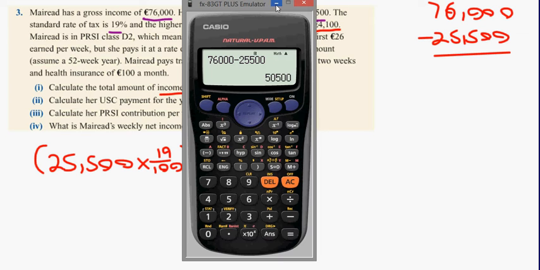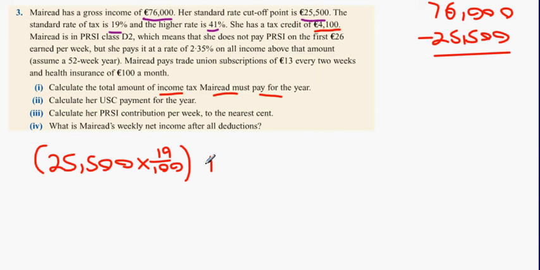And what we get is 50,500. So now it's going to be plus 50,500 multiplied by the higher rate, which is 41 over 100. And close bracket there. Now this is our gross tax.